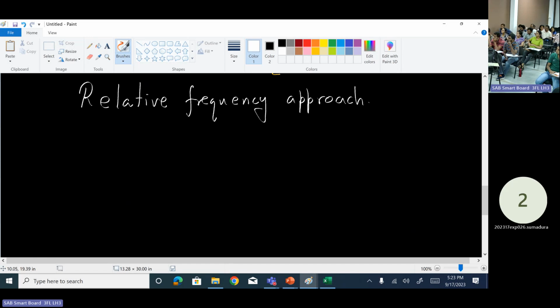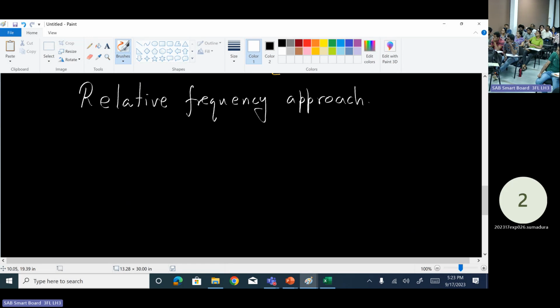60 over 100. So that is the relative frequency approach. We are repeating again and again, so that probability is for that particular coin. We use this approach when we repeatedly do the experiment. In the earlier one, you don't have to repeat; even if you do it once, you can find the probability.